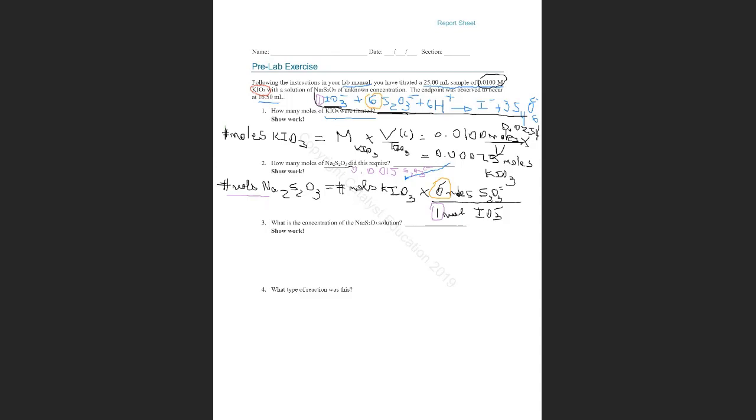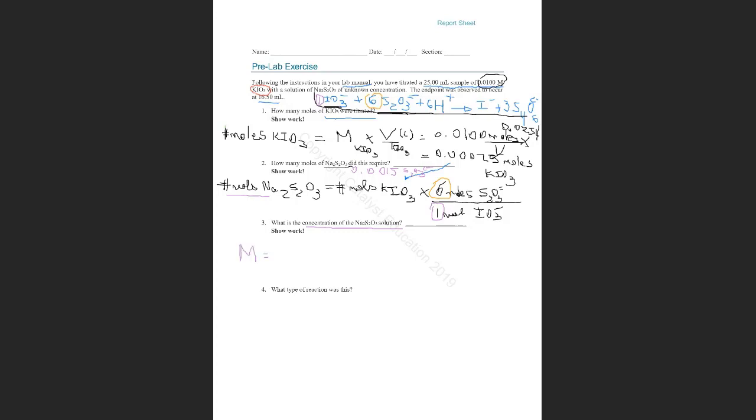What is the concentration? What is concentration? Number of moles divided by volume of the sample. So they are asking for the molarity.